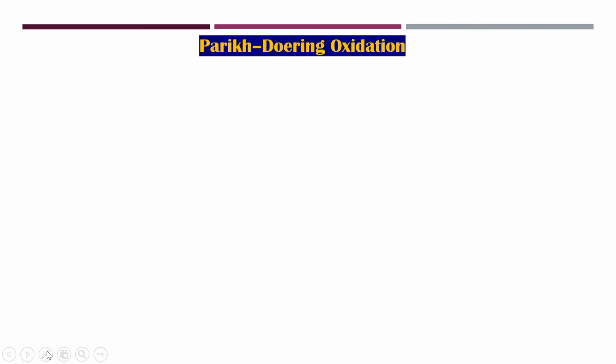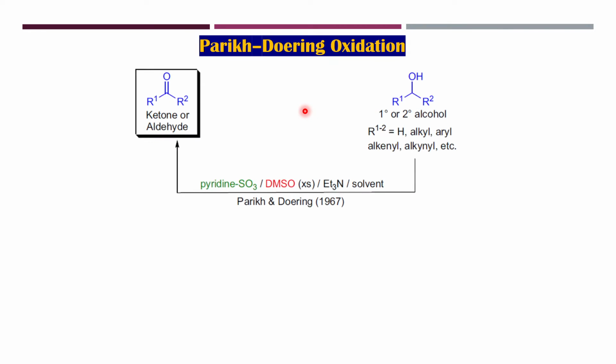Now in this particular lecture, we're going to discuss the Parikh-Doering oxidation. So what is the reaction basically over here? Again, a 1 or 2 degree alcohol, alkene, alkyl, aryl, alkenyl, alkynyl, and solvent.